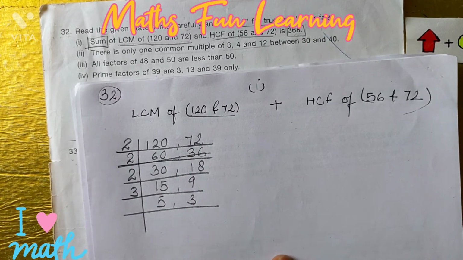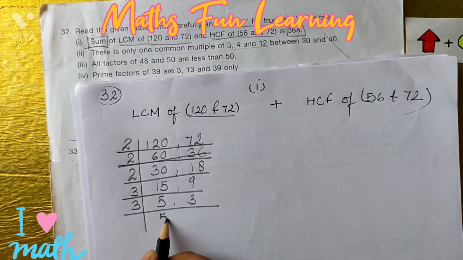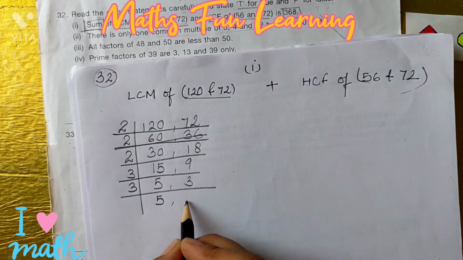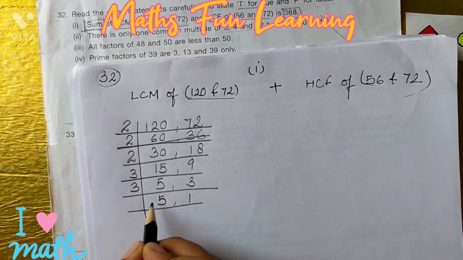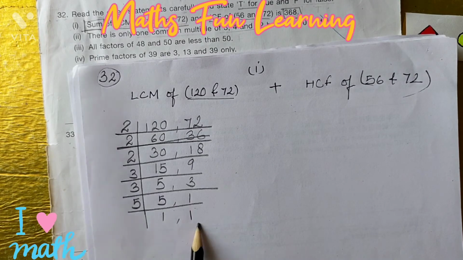In LCM, you have to divide every number till you get 1. So let's divide by 3 again. We have to write 5 as such because it is not divided by 3, and 1. Divided by 5, 1 and 1. At the end you will get 1 and 1.